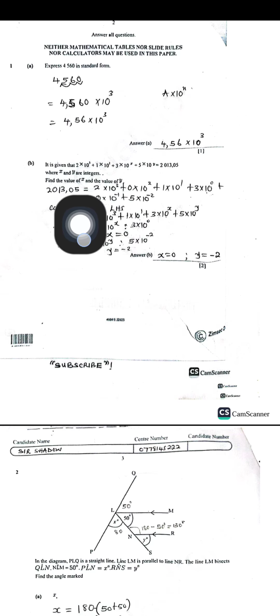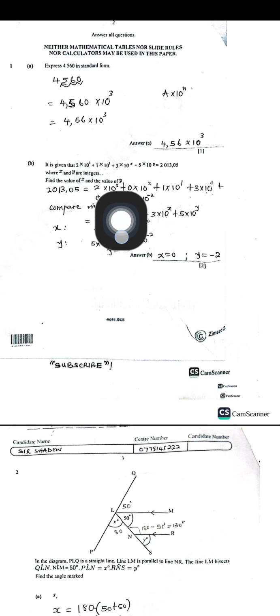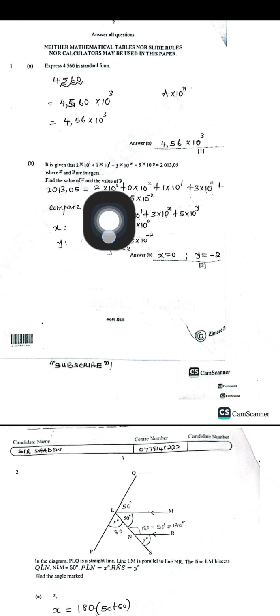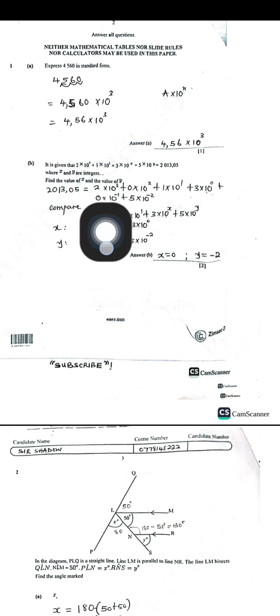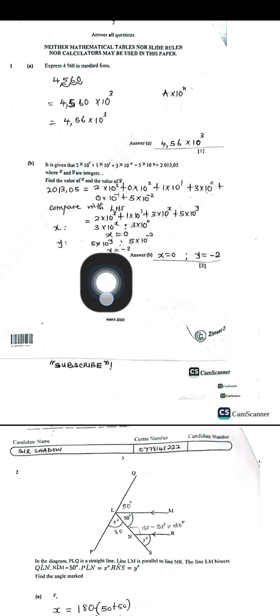We have 2 times 10 to the power 3 plus 0 times 10 to the power 2 plus 1 times 10 to the power 1 plus 3 times 10 to the power 0 plus, remember, from 0 we move on to negative, because we have 3, 2, 1, 0, minus 1, minus 2, and so forth. So now we have 0 times 10 to the power minus 1 plus 5 times 10 to the power minus 2. Right, so we are now comparing: left hand side should be equal to right hand side.